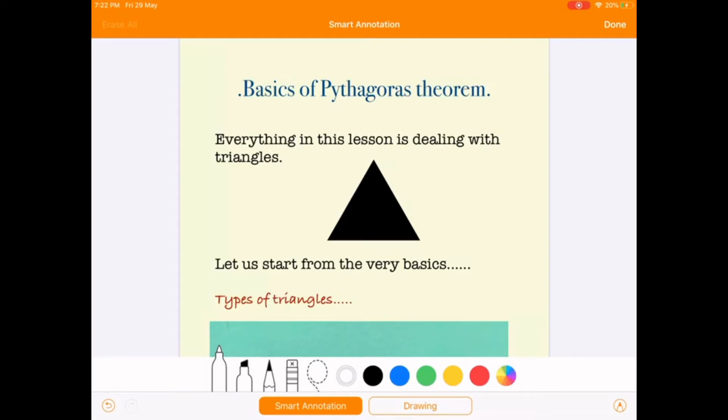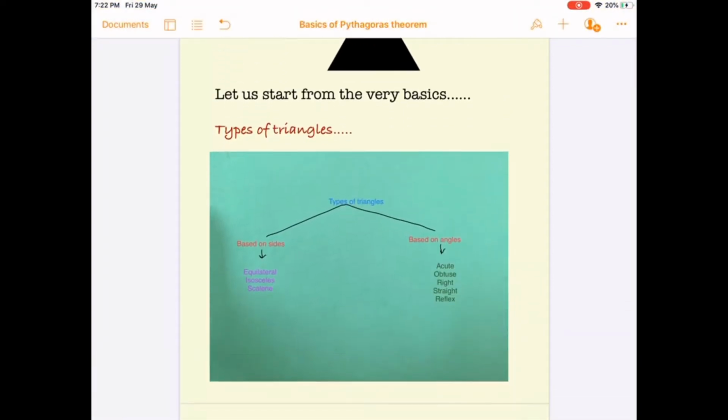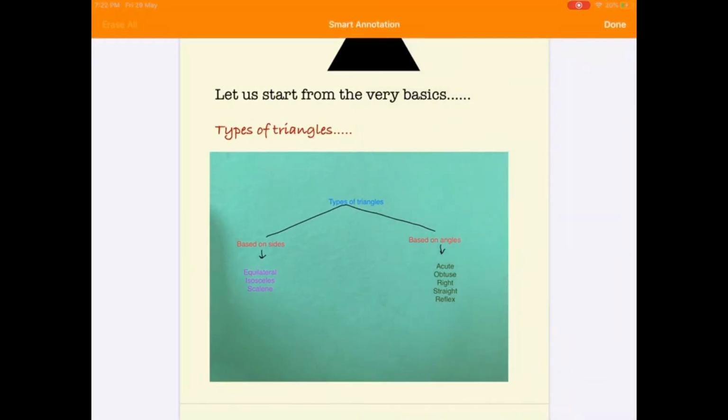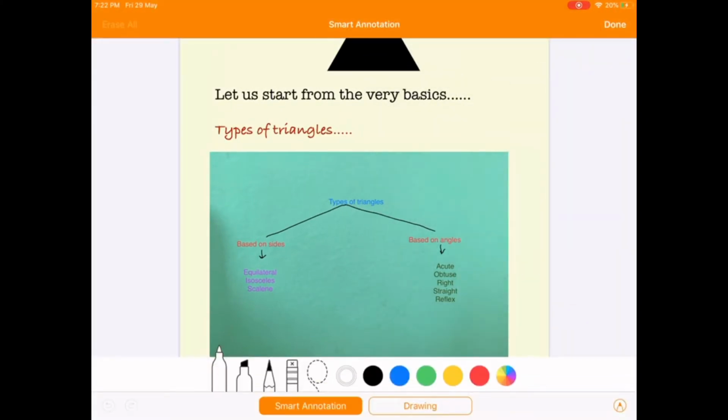Okay, so let us start from the very basics, which are the types of triangle. Now I hope you know the types of triangle, but as this is a basic video lecture, we are going to study about it as well. So based on sides and based on angles, types of triangles are divided.